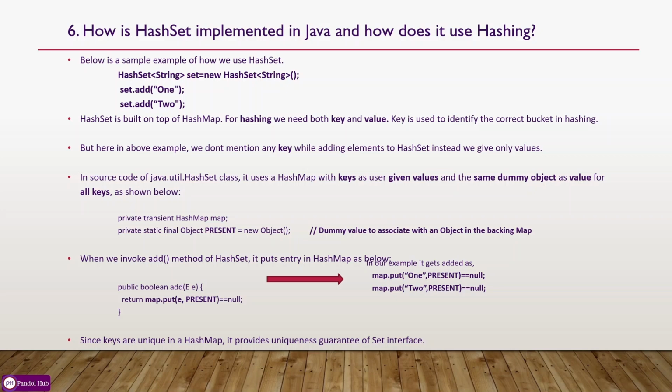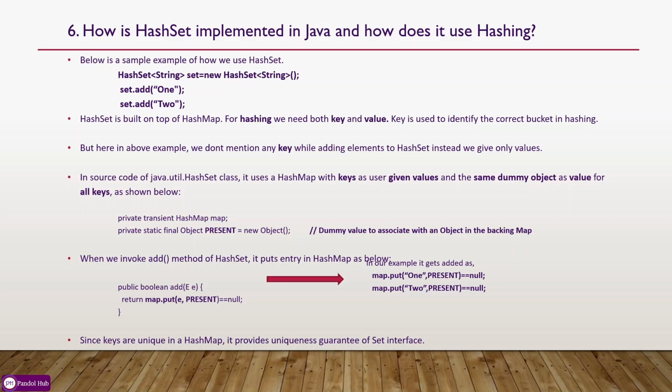When you go for a hash map, you have a key value pair, and you have the hashing techniques, the hash code and equals method, and as we just discussed, the hash code method identifies the bucket, and we have all those linked list concepts. But in the case of hash set, it internally uses a hash map, but we don't use any key value concept here. We are just adding only one element to a hash set, and it is working fine.